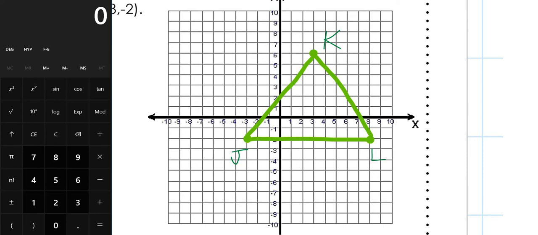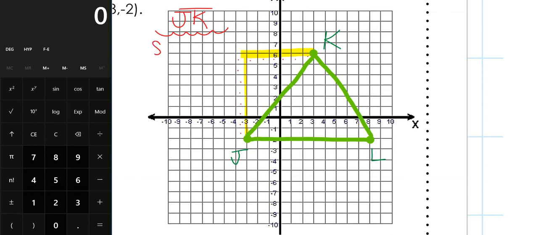So let's start with JK. If I start with JK, I'm going to create my little right triangle. I'm going to label that I'm going to solve for JK. And I have 1, 2, 3, 4, 5, 6, 7, 8, and 1, 2, 3, 4, 5, 6.